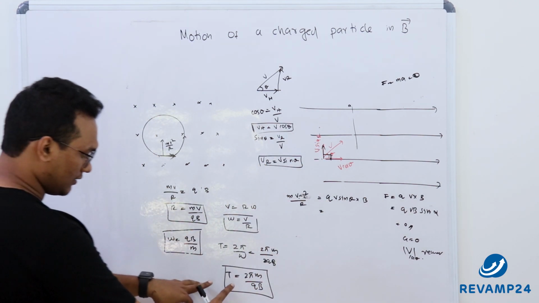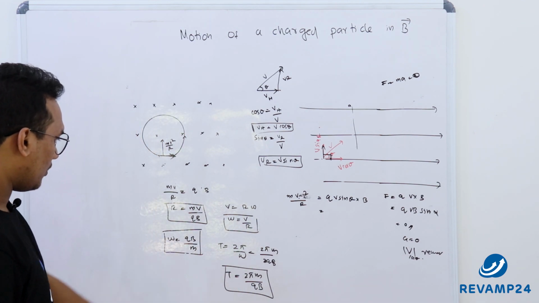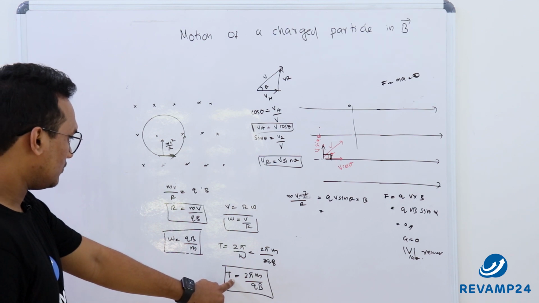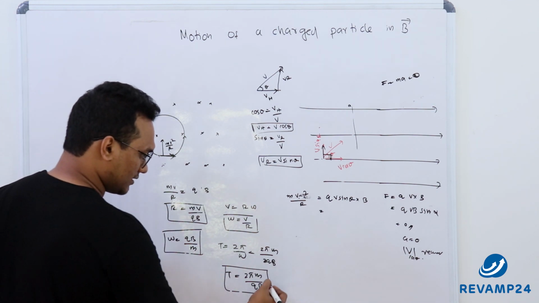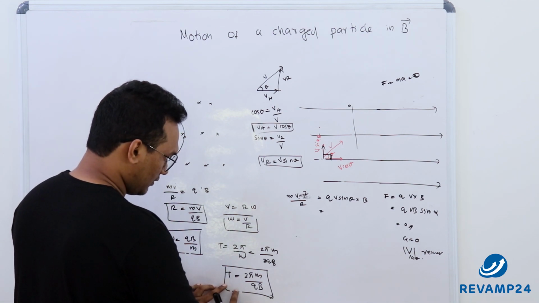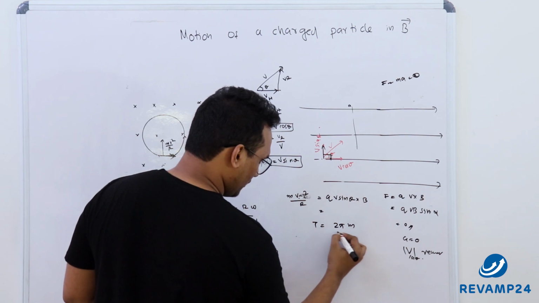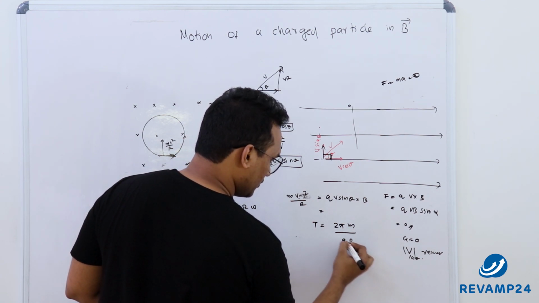How can I get the value of the time period? Time period is equal to 2 pi m divided by qB.